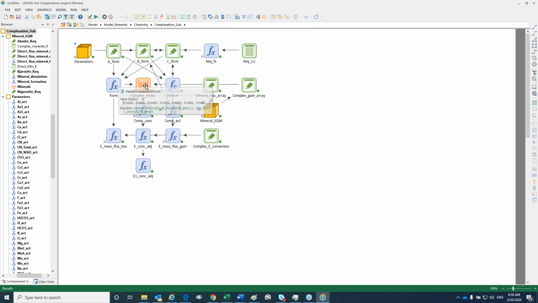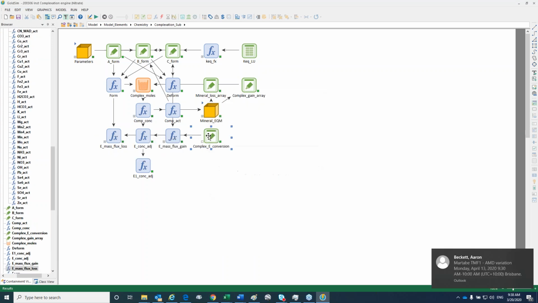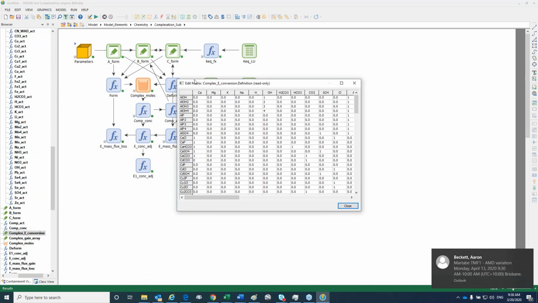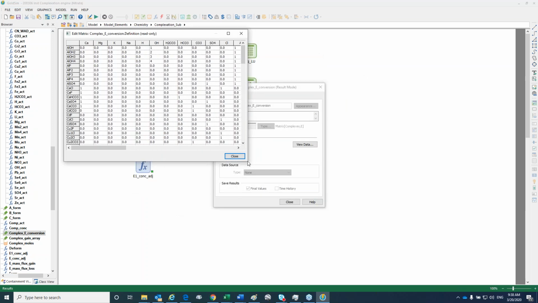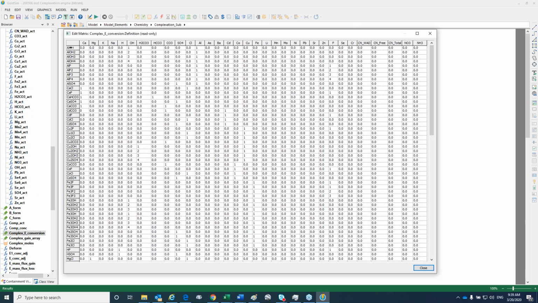Now, the way that this works for the complex forms is different. What we're going to do is we have to use a conversion table, and the conversion table basically sums all of the stoichiometry for each different complex and then attributes it to all of the different species. So, for example, if we just want to have a look here, let's look at cobalt chloride.